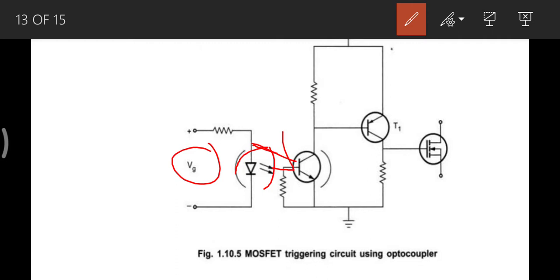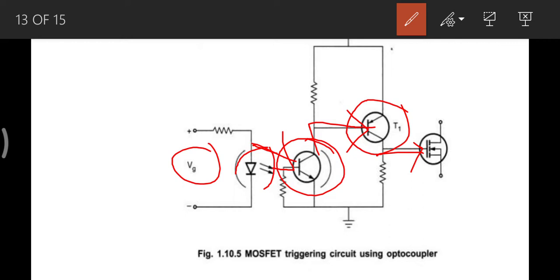Because of this light, the photo transistor turns on and produces the gate signal to the transistor T1. Then the transistor turns on and sends a signal to turn on the MOSFET. So the MOSFET is turned on.